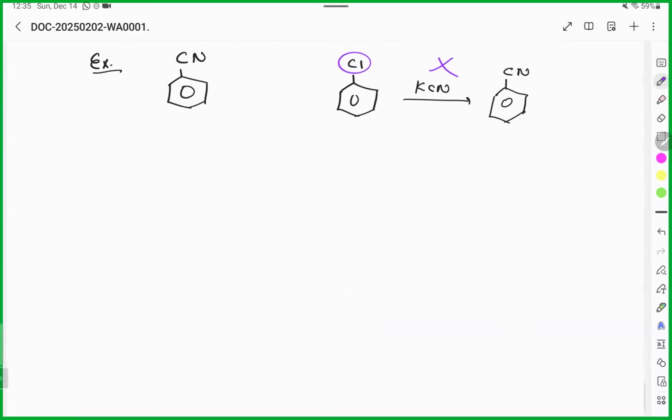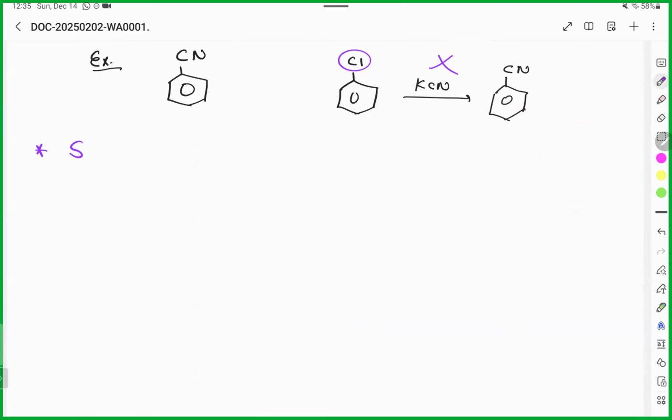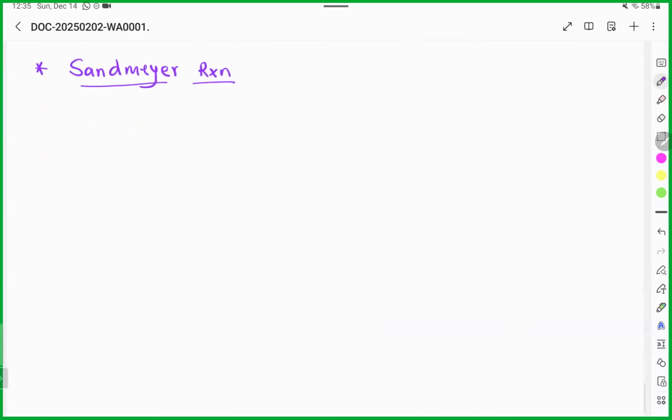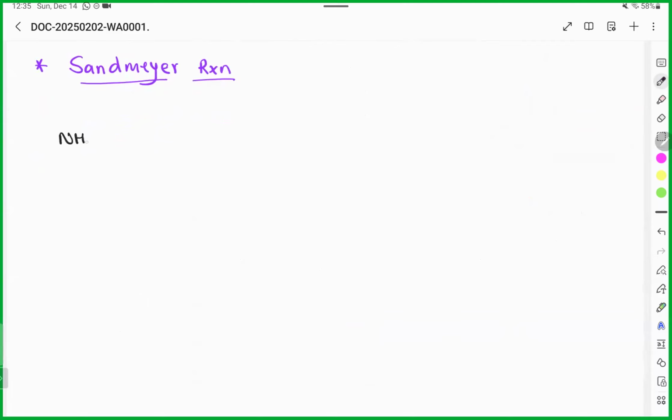Okay. Now we will do what you did in the other chapter also. First, the Sandmeyer reaction and the Gattermann reaction. I will do them together. So, guys, what happened? You have aniline. Anvita, for diazonium salt, what should I do?